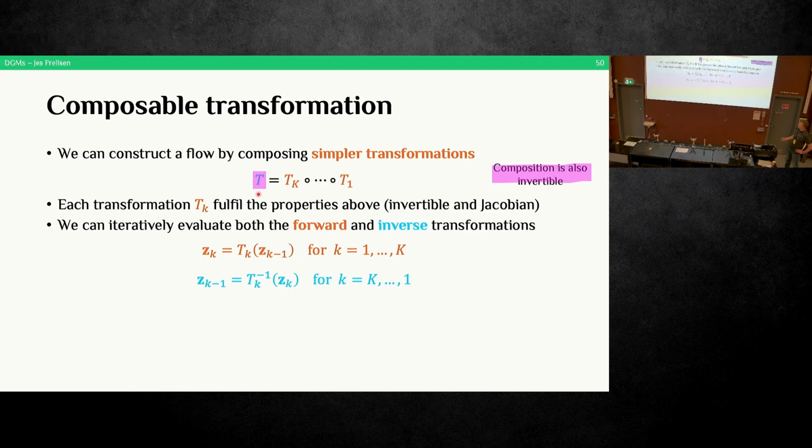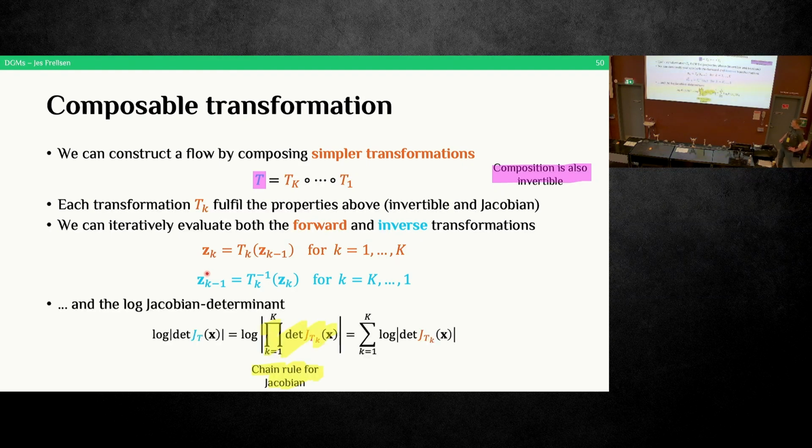If I want to evaluate the forward transform, I start with a U, then I evaluate T1, then what comes out of T1, I put into T2, and so on. And same with the inverse. If I start with an X, then I can apply the inverse transform and keep iteratively applying these transformations. I've got an illustration of it on the next slide.